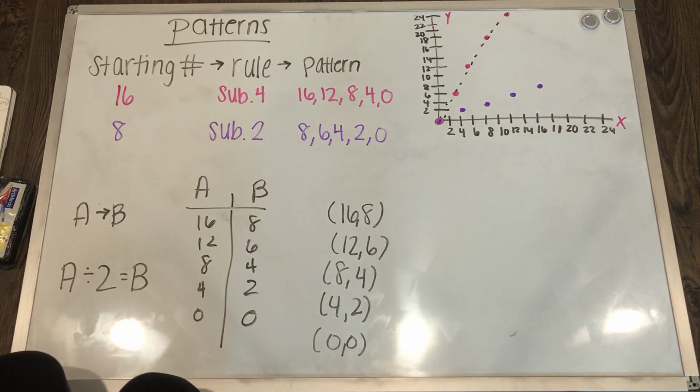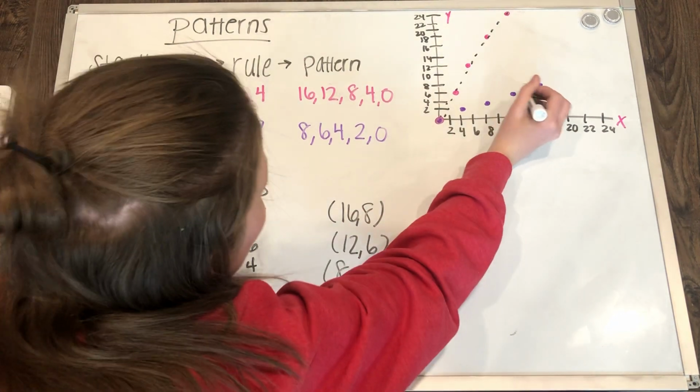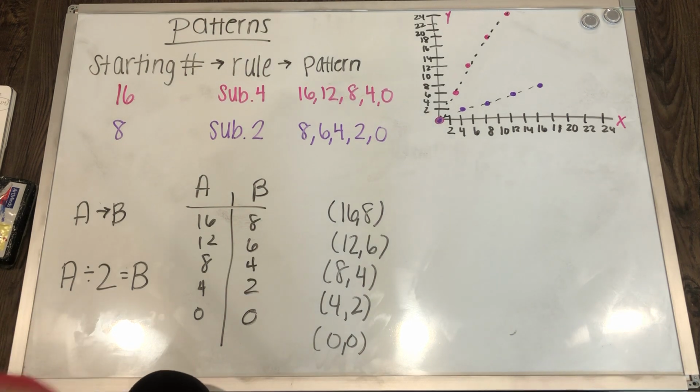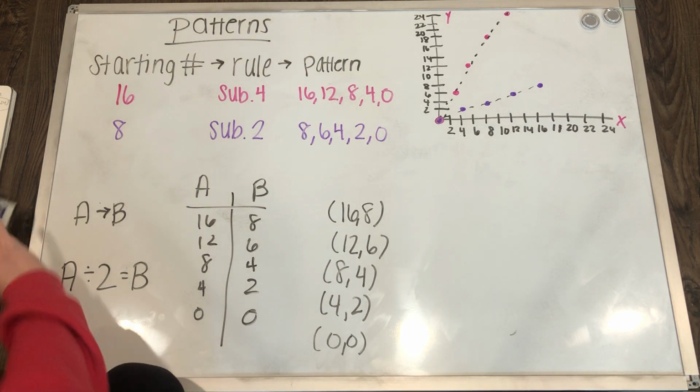So when I look at this, it's obviously not the exact same line, but it's still an increasing line, right? An increasing diagonal line. So it looks kind of similar. Even when we do 2 subtraction rules, it's still making that increasing line.